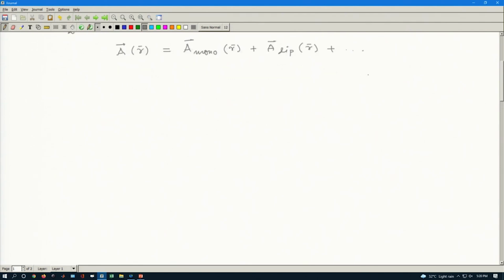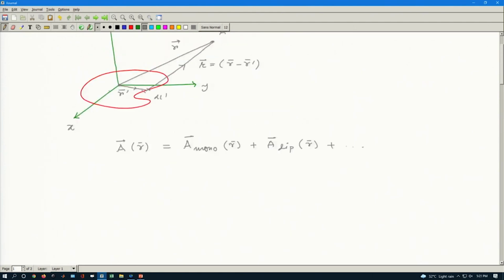So, for the monopole contribution, we started with the expression of A, mu 0 I divided by 4 pi using the line current, and then dl prime, and this is r minus r prime, and that was for a closed line.